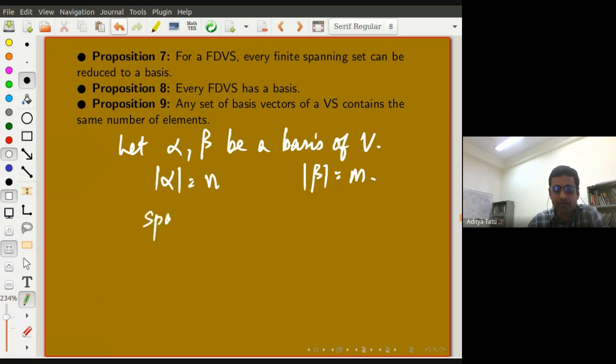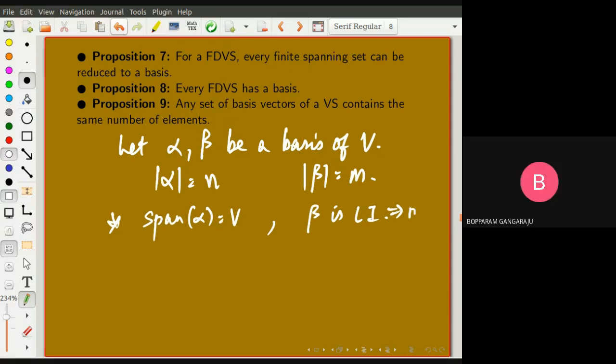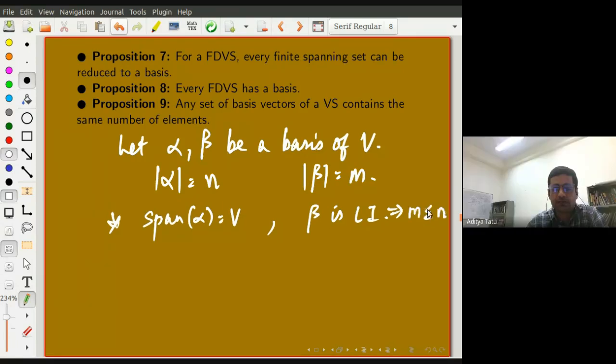The span of alpha is V, and beta is linearly independent. What does that tell us? Proposition 6: the number of linearly independent vectors has to be less than or equal to the number of elements in a spanning set. Yes, m has to be less than or equal to n.